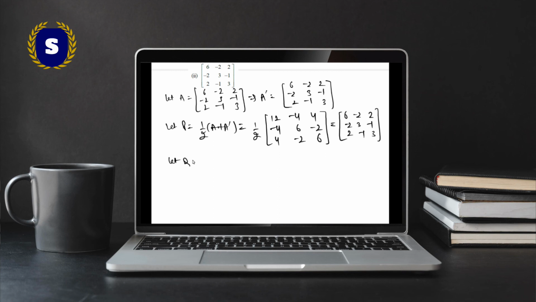Let another matrix Q be half of A minus A transpose, that is equal to 0, 0, 0, 0, 0, 0, 0, 0, 0, which is equal to a null matrix, right?